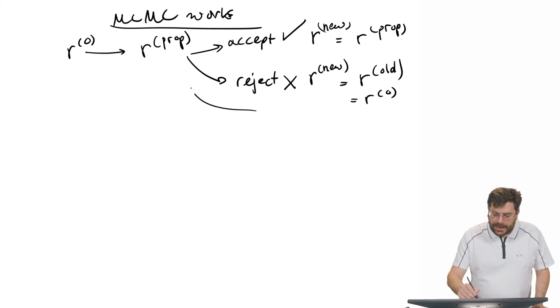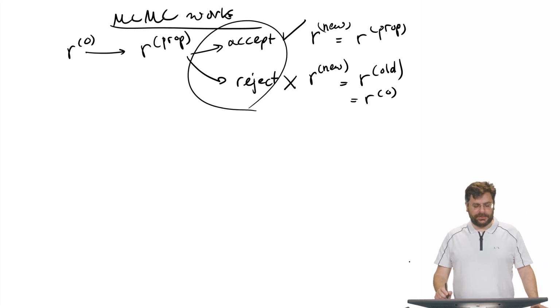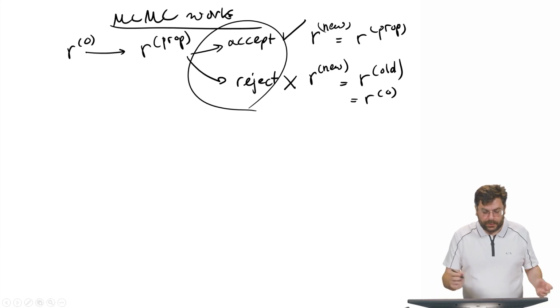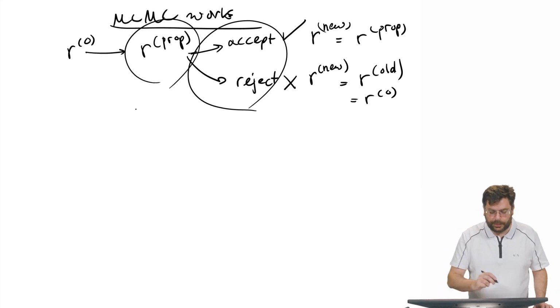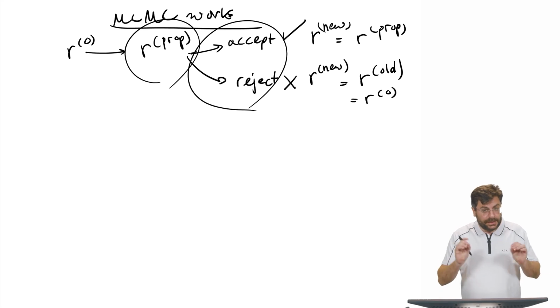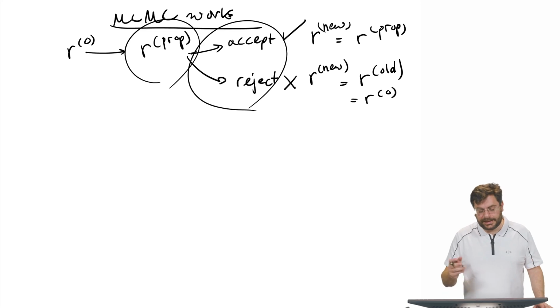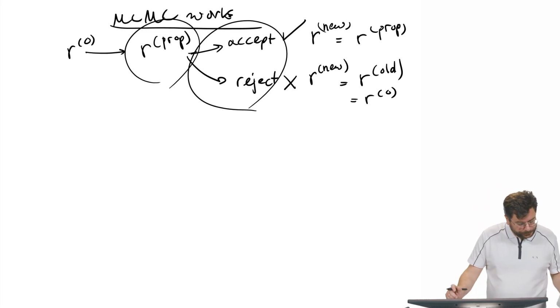Now, precisely how we set this acceptance criterion and how we use it in the context of proposing values is what is ultimately dictated by conditions 3 and 4, and by detailed balance.